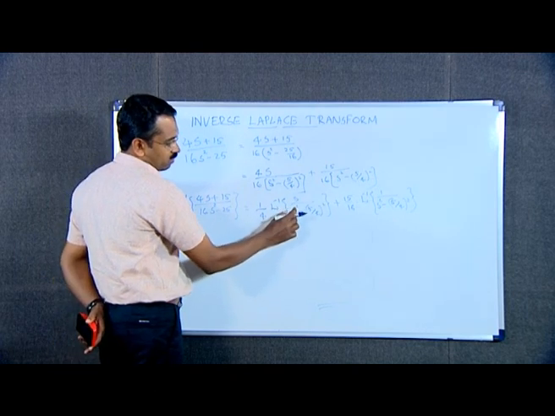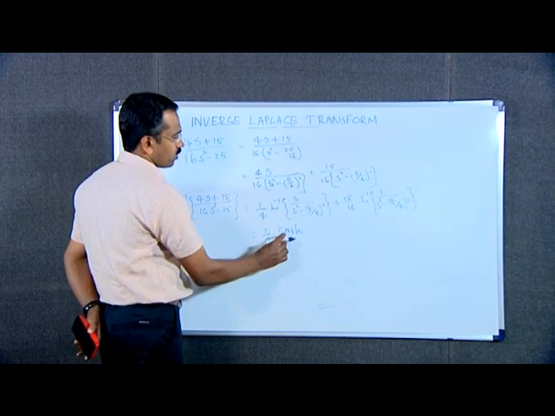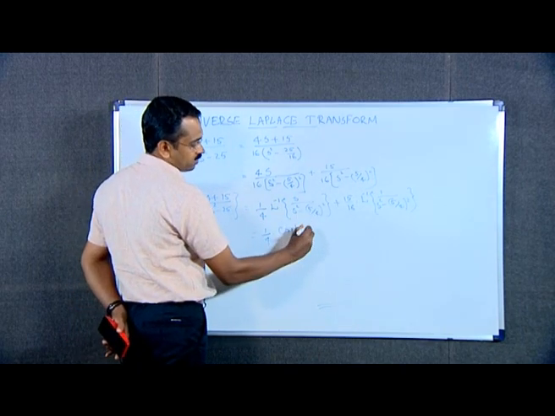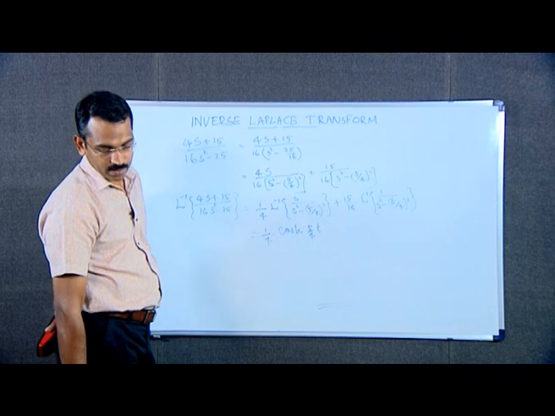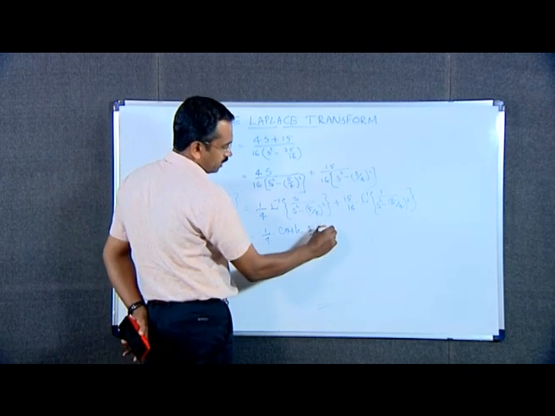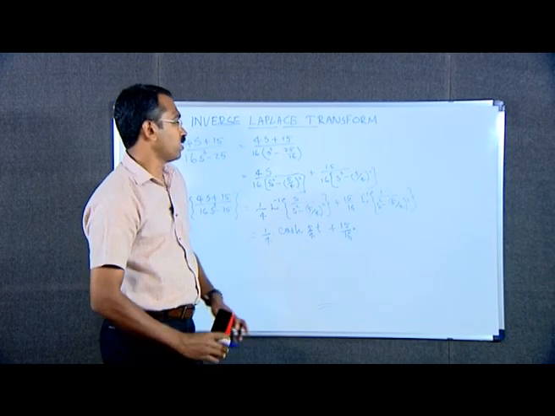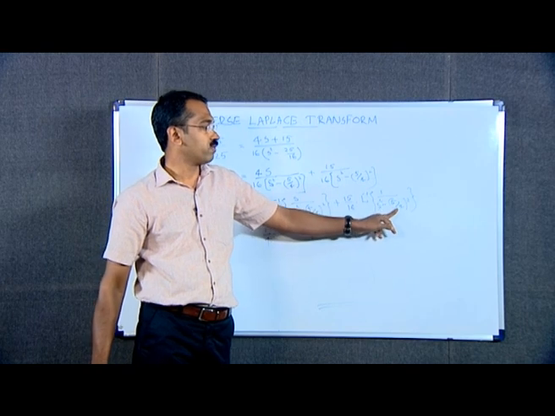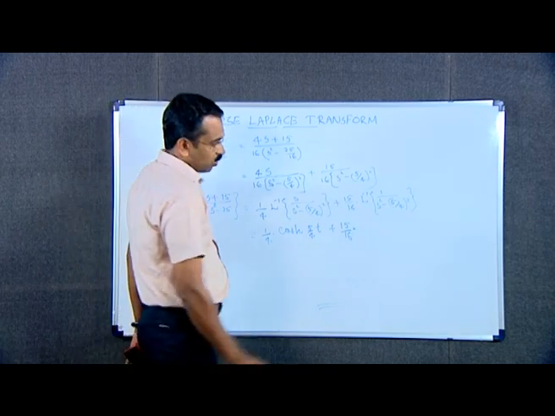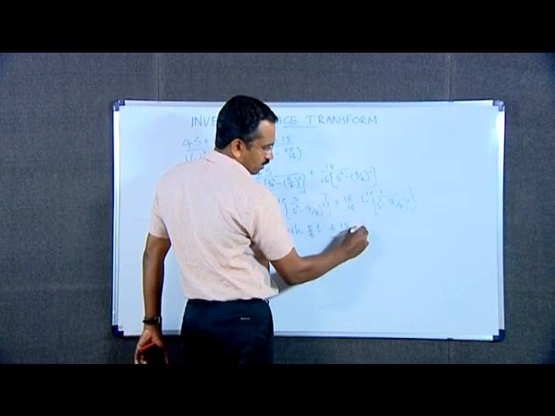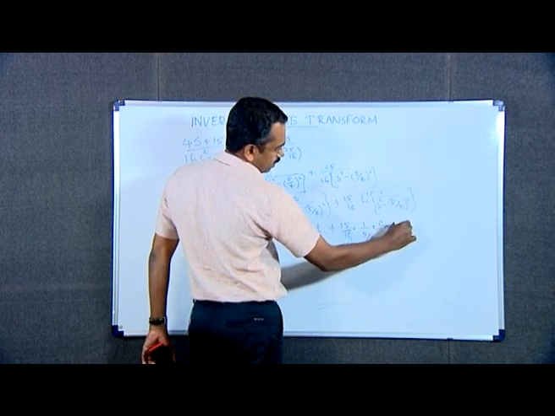We can write the inverse of this as the hyperbolic cosh at, here a is 5 by 4, cosh 5 by 4 t, plus 15 by 16 into, here L inverse of 1 by s square minus 5 by 4 the whole square. It is 1 by 5 by 4 into sinh 5 by 4 t.